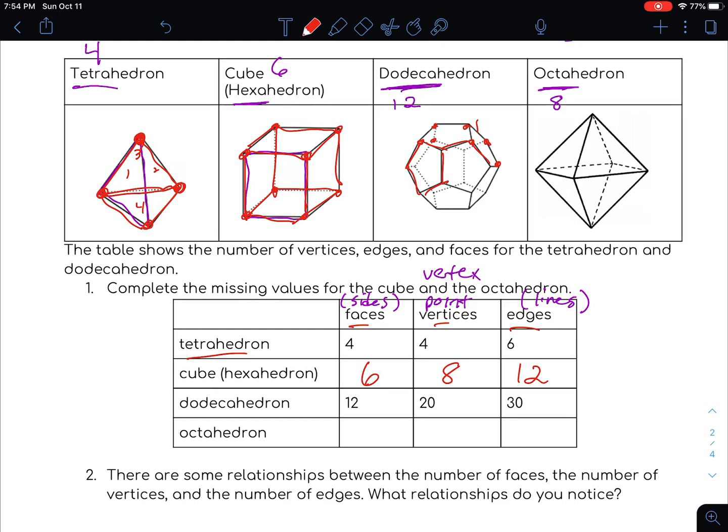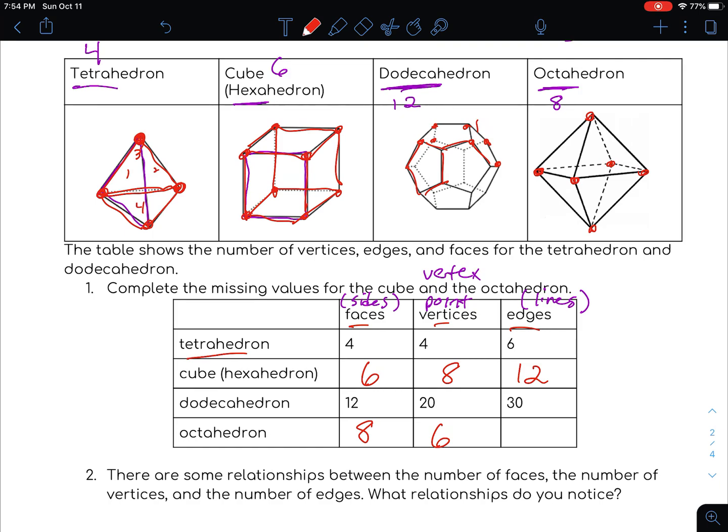All right, so the octahedron, how many faces does it have? Well, octa means 8, so we know that just based on the definition. How many vertices does it have? 1, 2, 3, 4, 5. This one only has 6. And how many edges does it have?